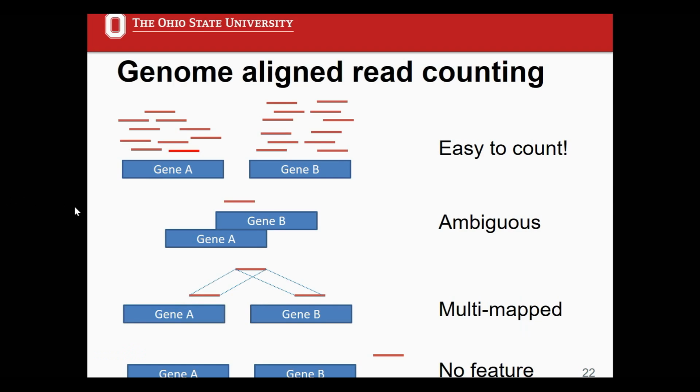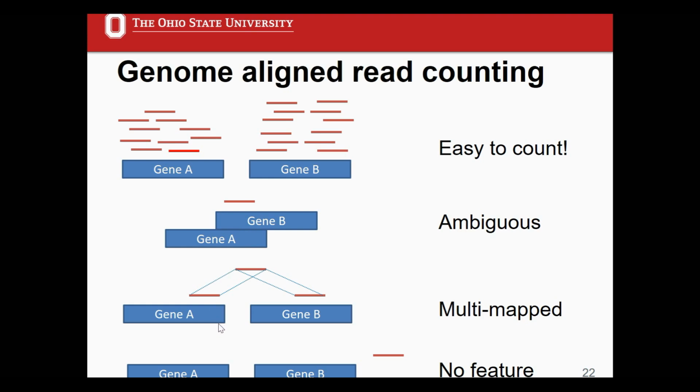What featureCounts is doing is taking the BAM file, the aligned read file, and comparing it with the GTF file. With defined gene A and gene B regions, it will determine whether the aligned reads belong to gene A or gene B. Sometimes it's easy to count, like the first situation, but sometimes it's ambiguous. This read can belong to both gene A and gene B because these two genes overlap with each other.